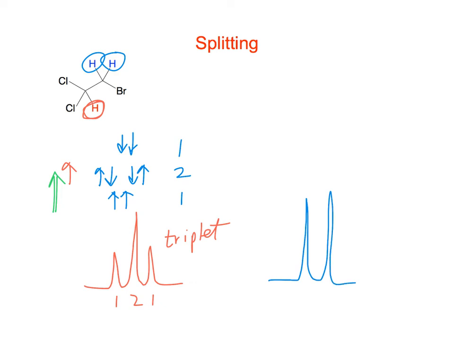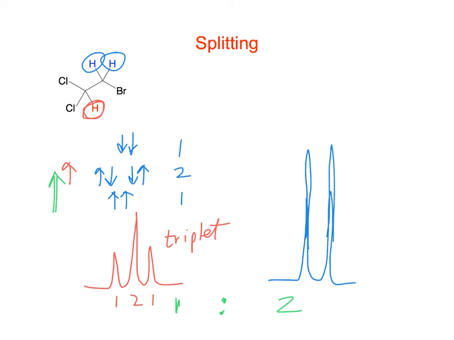And these should be, if I actually drew them right here, in a 1 to 2 ratio, right? Because there's only one of the red and there's 2 under the blue. So we have both the splitting and the integration. Everybody kind of following me?